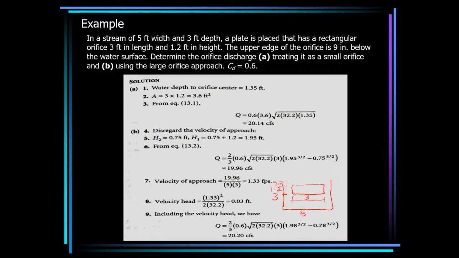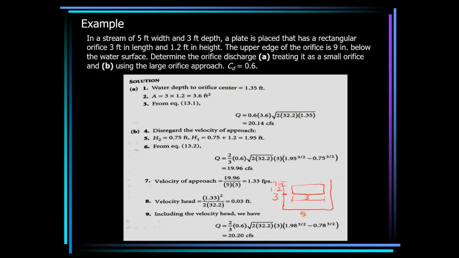So this is the orifice. Now we are to determine the orifice discharge, A, treating it as a small orifice, and B, using the large orifice approach. The coefficient of discharge is equal to 0.6.